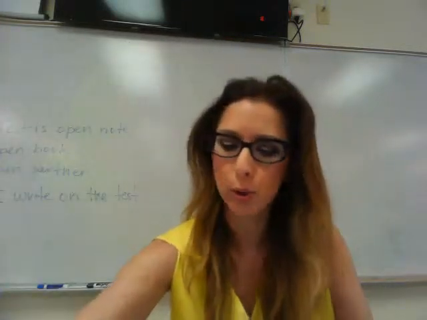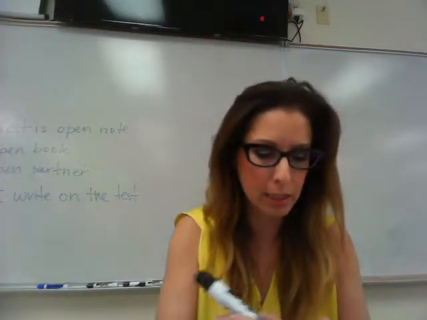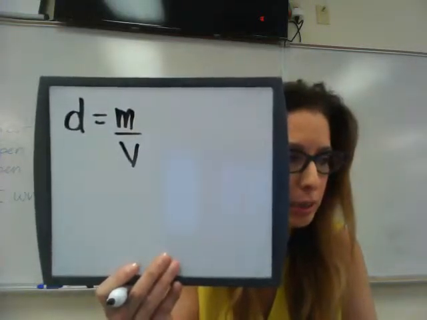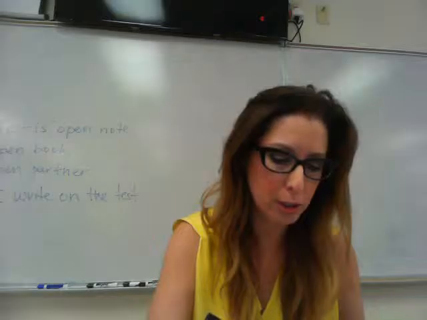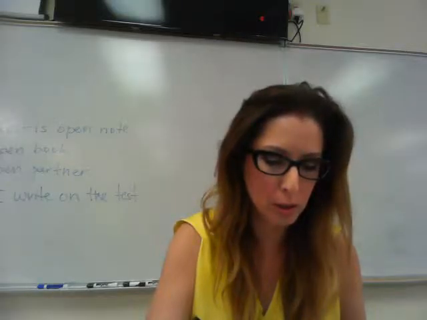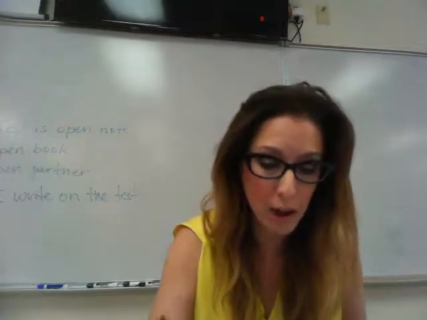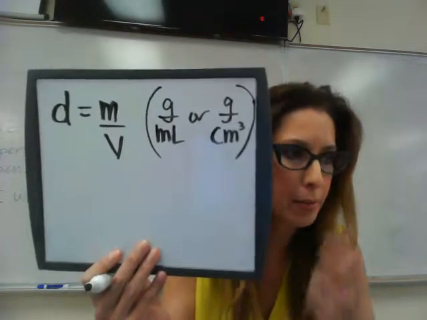So those 3 equations are density equals mass divided by volume, D equals M over V. And the units for density are typically grams per milliliter or grams per centimeter cubed. Those are the most common. There may be others, but those are the most common that you'll see in this class.